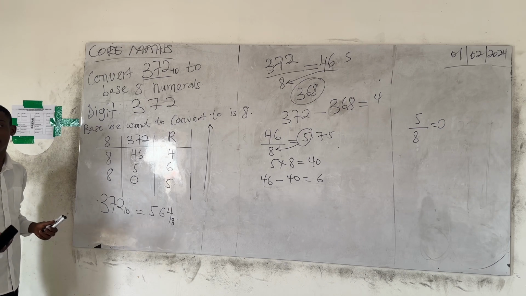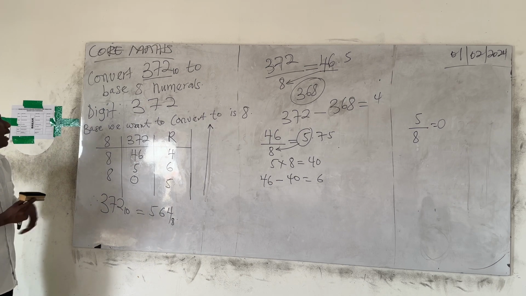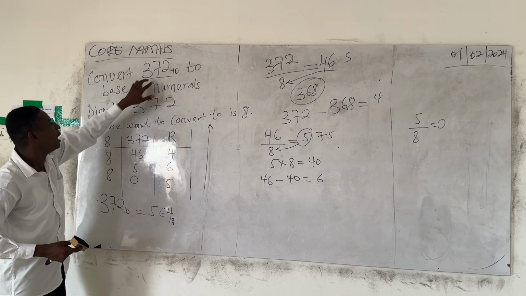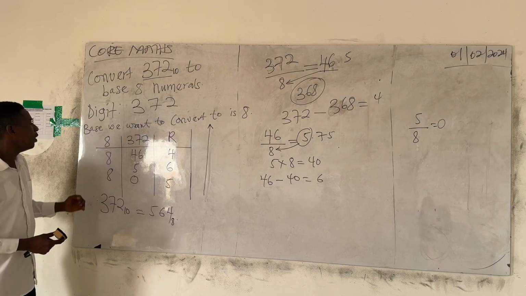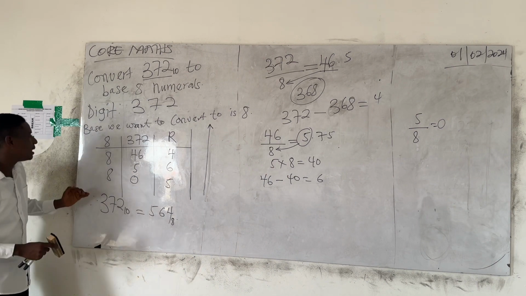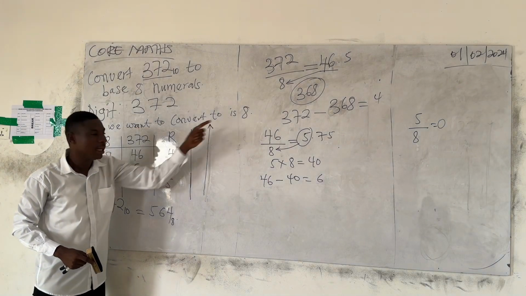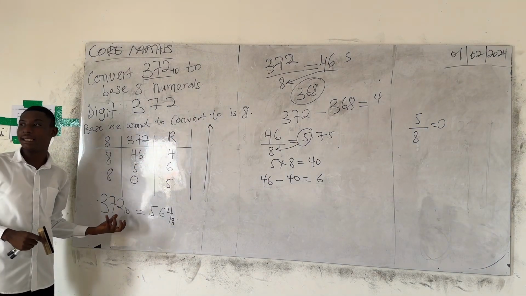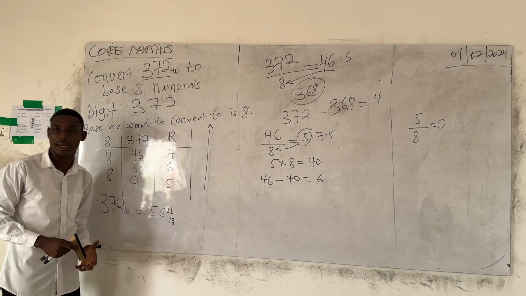I hope it's correct. So these 5 steps are very key. First, identify the digits and the base that you want to convert to. Secondly, create 3 columns. The first column should be the base that you want to convert to. The second column should be the digits. And the third column should be for the remainder.